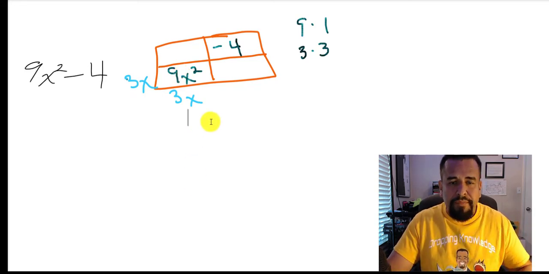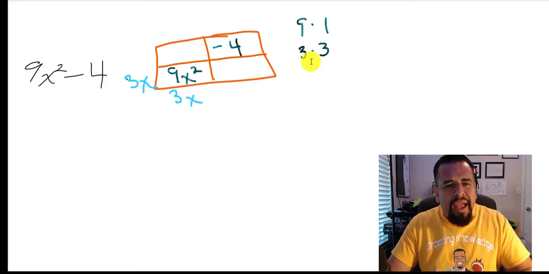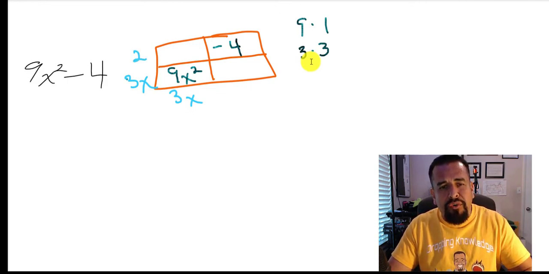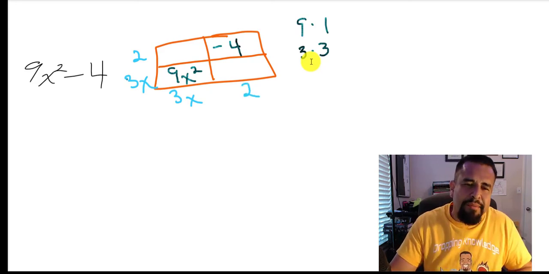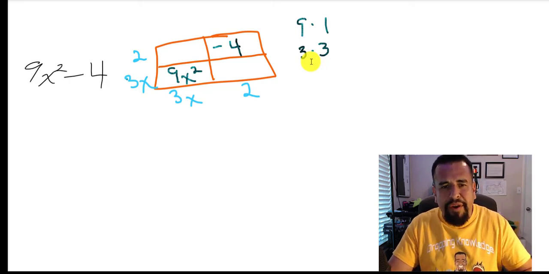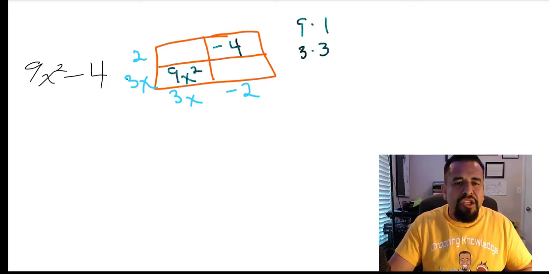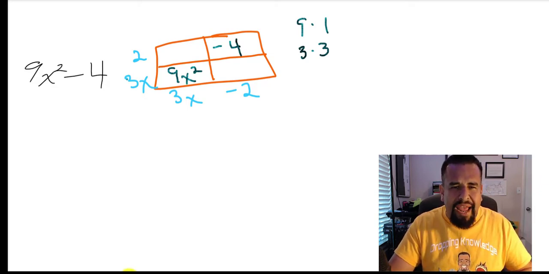That is true. So how can I get a negative 4? Well, I know that if I multiply 4 times 1 or 2 times 2, I get 4. Now, one of them has to be negative. Again, which one? Well, we'll figure it out. For now, I'm just going to make that one negative again. So, right now, what do I have?